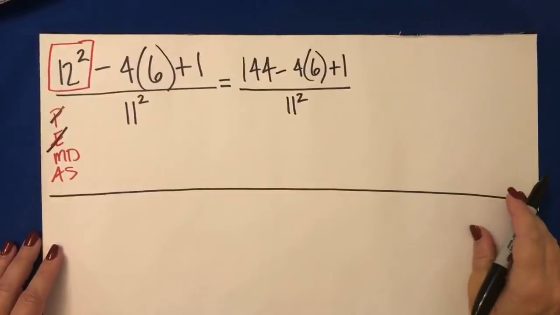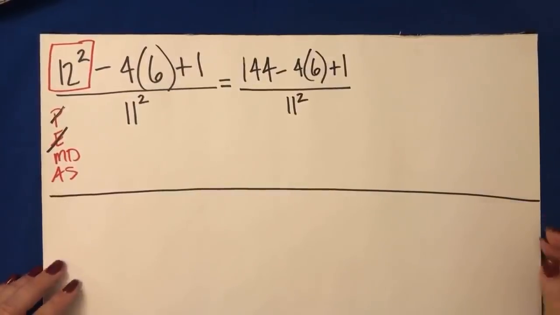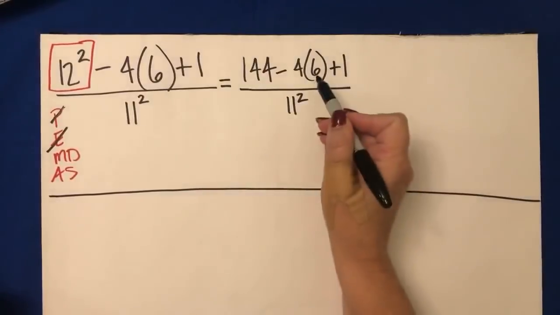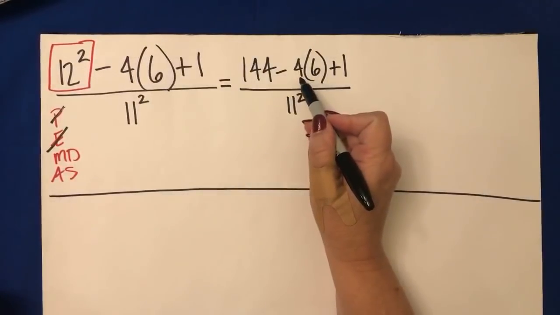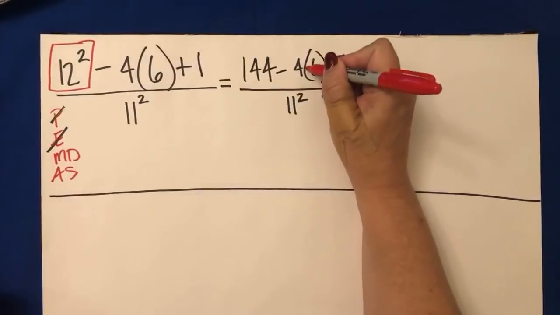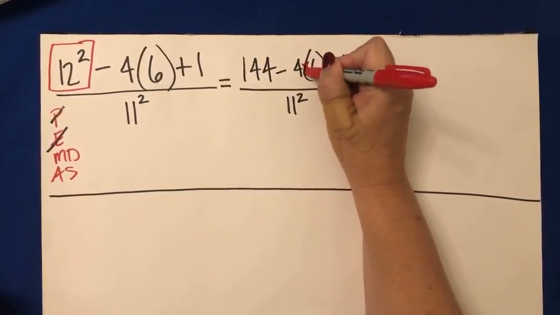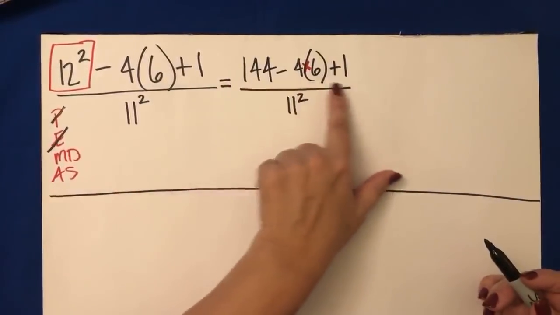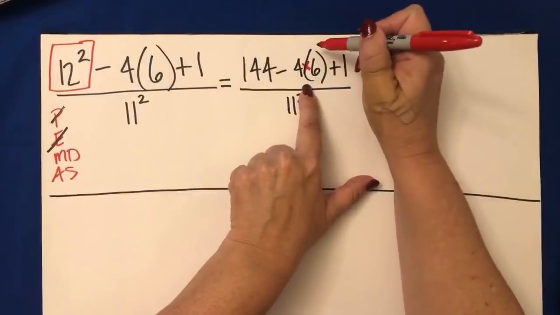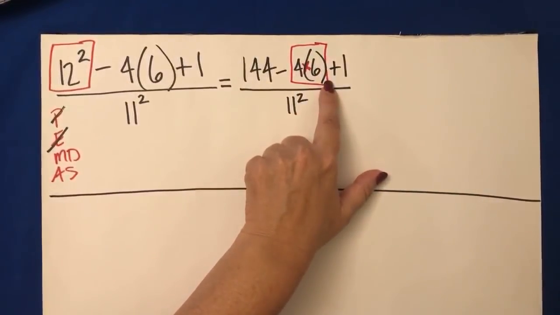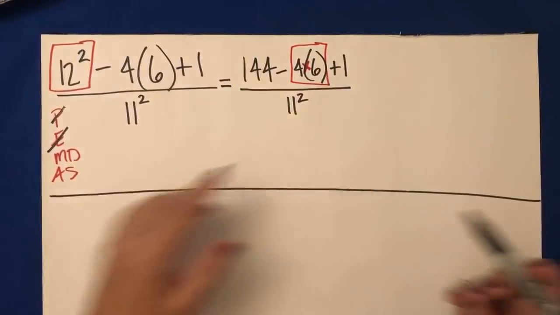And then what's next? So this comes back to Jacob's idea. He noticed there were parentheses sitting next to a number right here, and whenever we see that, if it helps you, you can just put the symbol in right there so you don't forget what operation to use. So now when I go from left to right, this is the first multiplication symbol that I see, even though it's parentheses instead of the sign we're used to seeing.